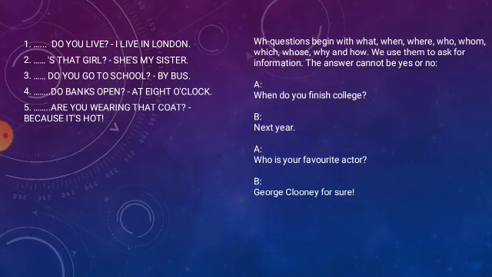This is one part of grammar that you have for study. And please work out some exercises which are there in your textbook. After some lessons, you have a separate page there.